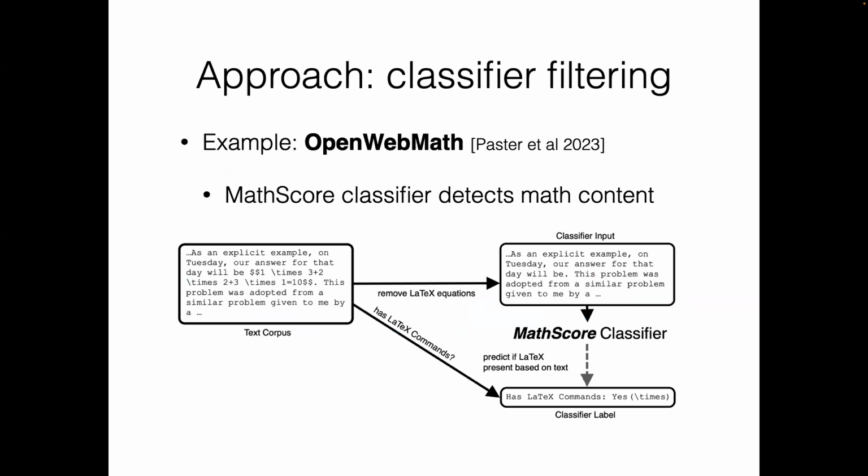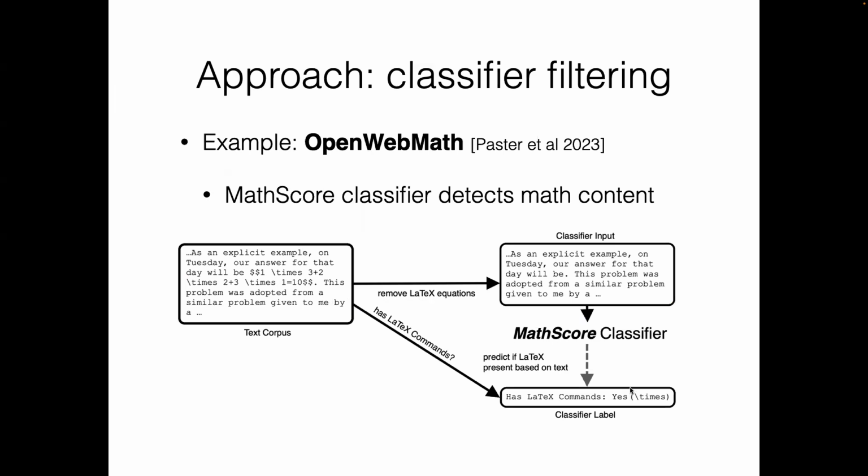Here's an example from the OpenWebMath that I mentioned. They train this classifier for detecting if a page has mathematical content or not. The exact method isn't too important, but they come up with this trick where they remove the LaTeX equations in a page, and then they try to predict whether the page would have LaTeX or not.